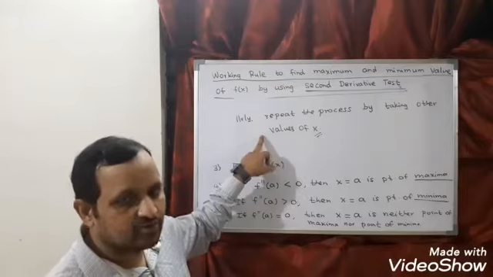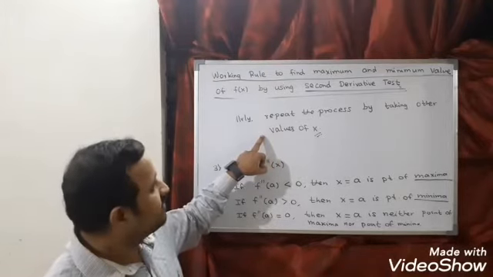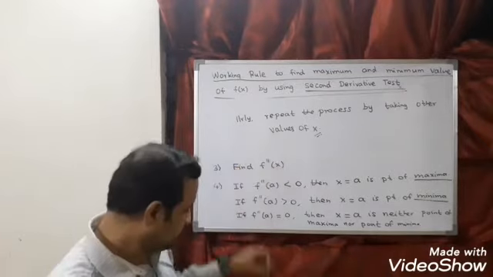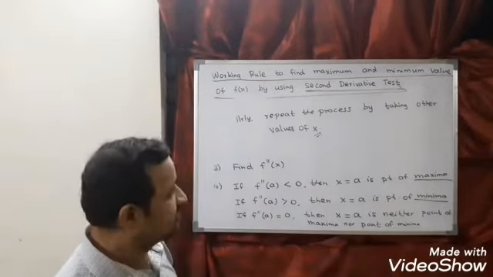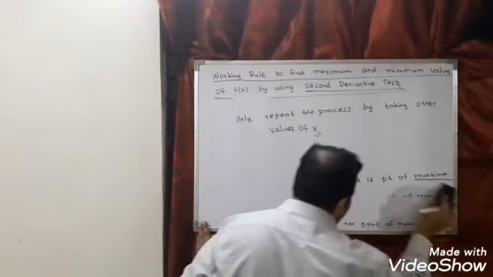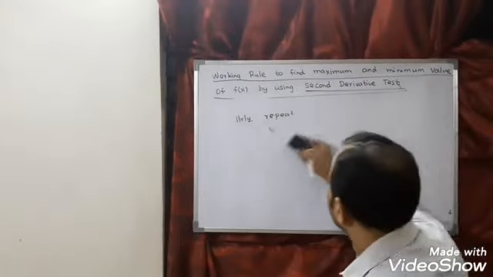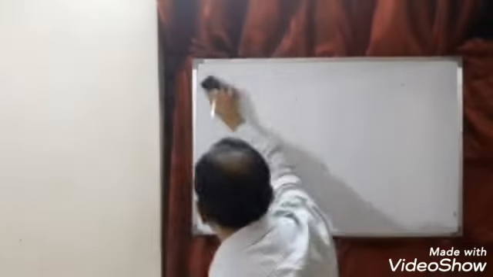Let us see how to apply this working rule in finding the maximum and minimum value of f of x by using second derivative test. This working rule will become more clear if we solve some questions by this method. Last day we have seen question number 1.